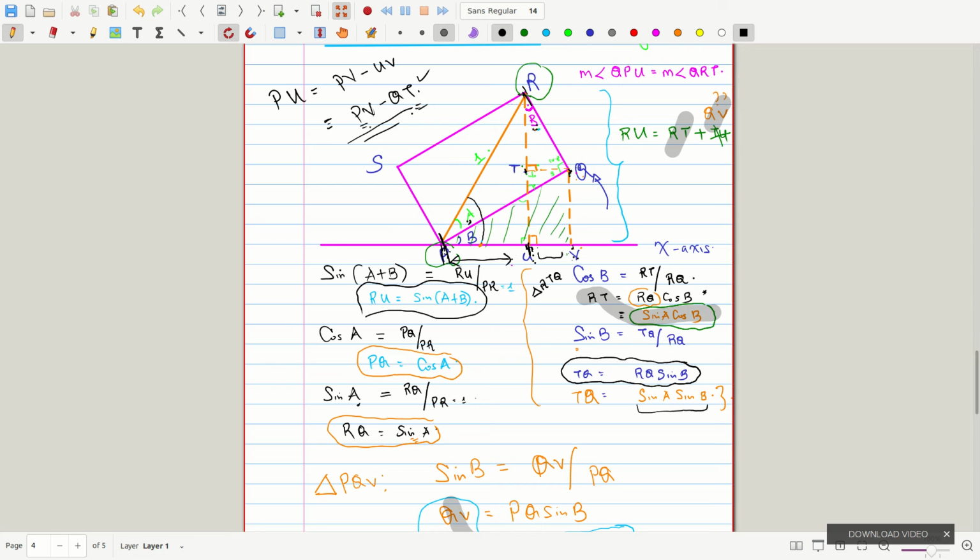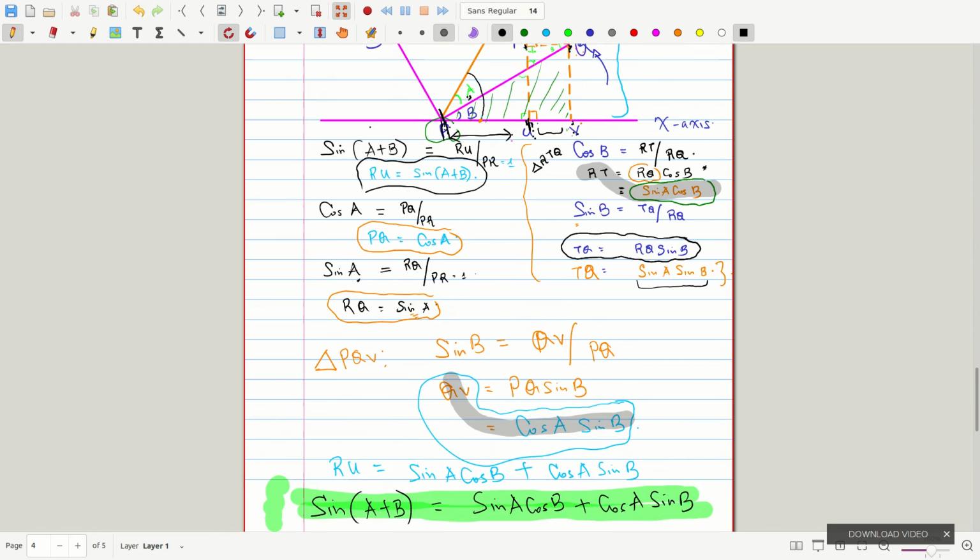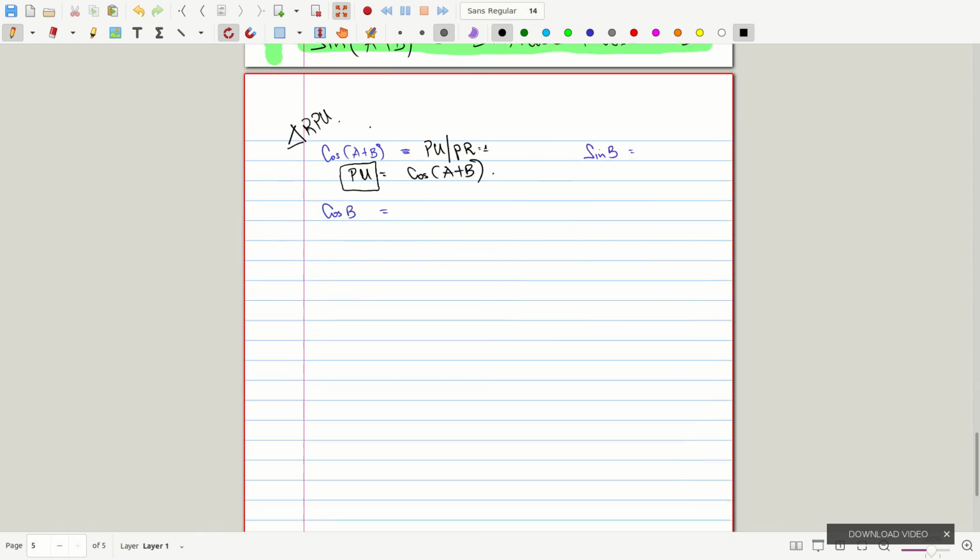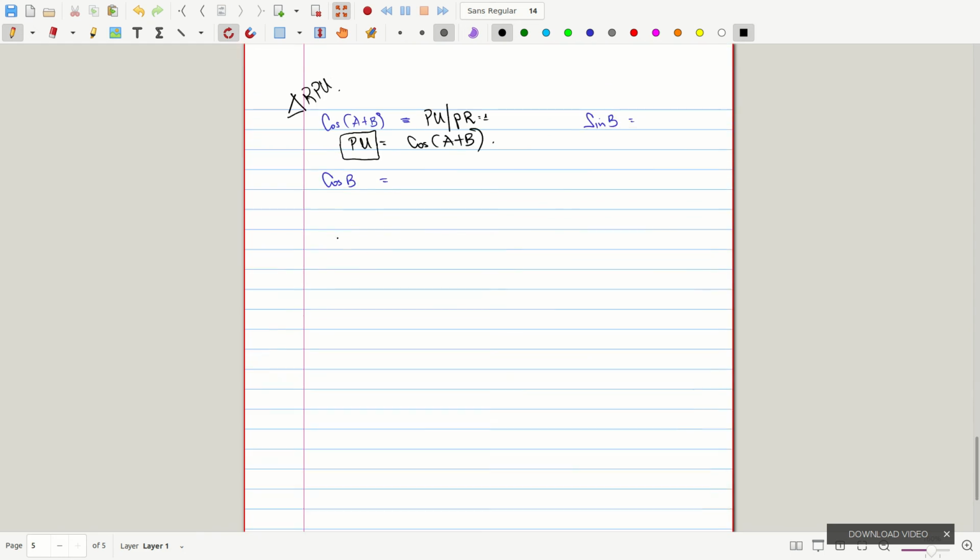Now we look for PV. We have said that PU is going to be the sum of PV and negative QT. We already have PU, and QT we already have from the previous part, so what we are interested in finding is PV.